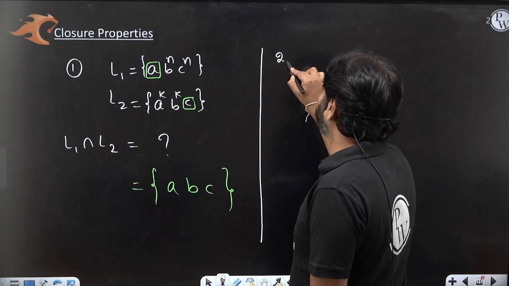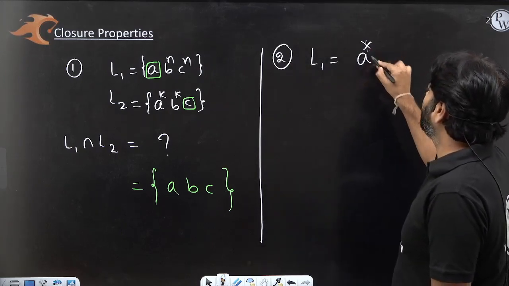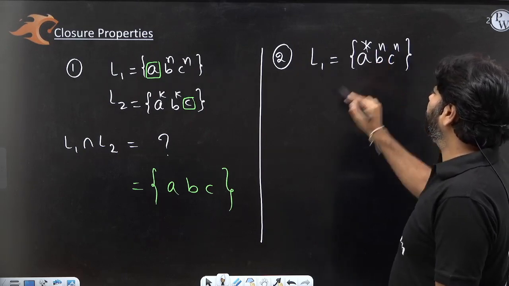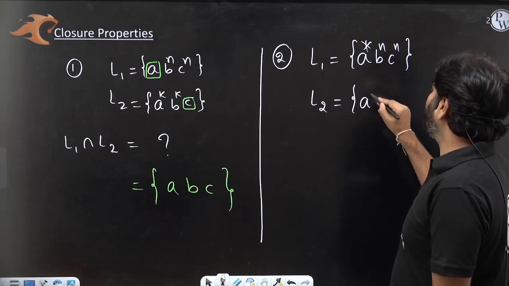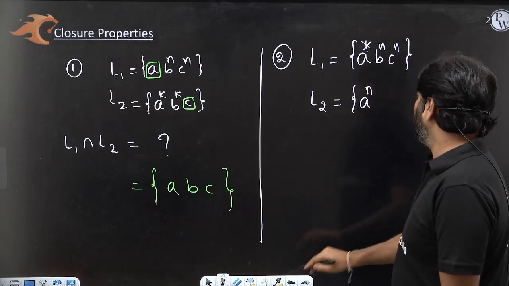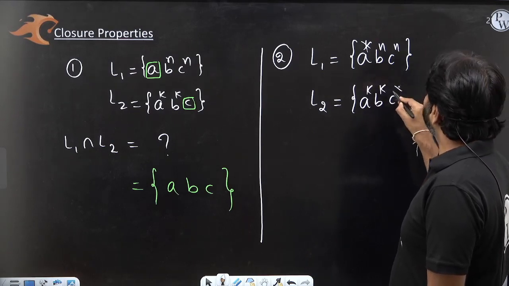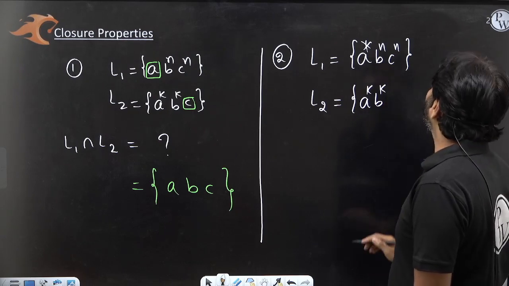The second. L1 is equal to a star b power n c power n. Now L2 is a power k b power k c star. Okay, one c, we'll just write one c. Let's see what we can do.